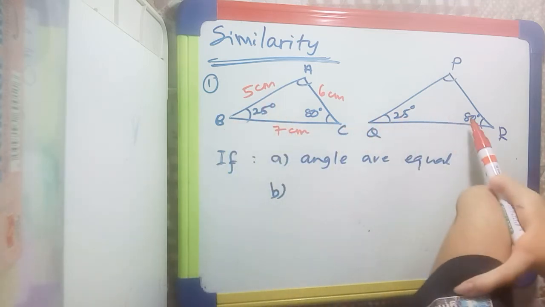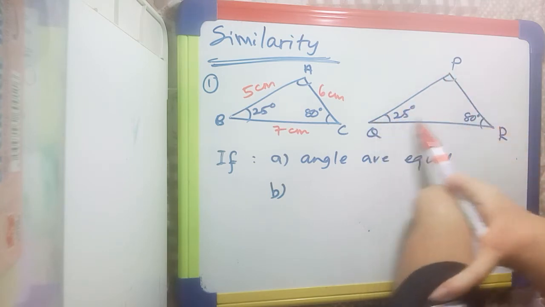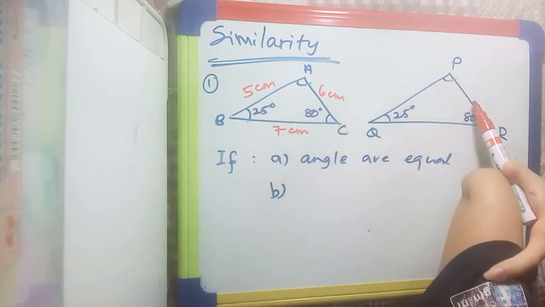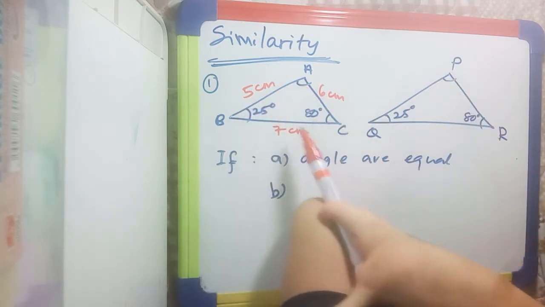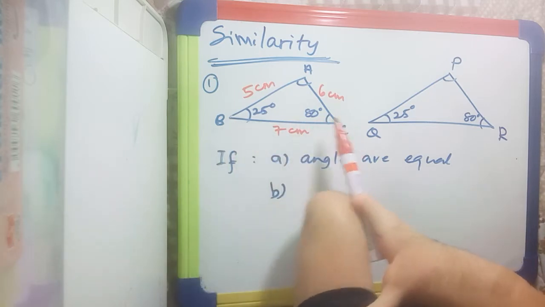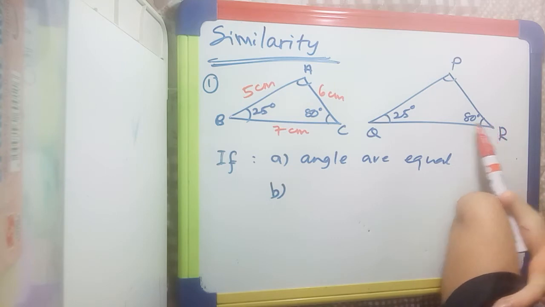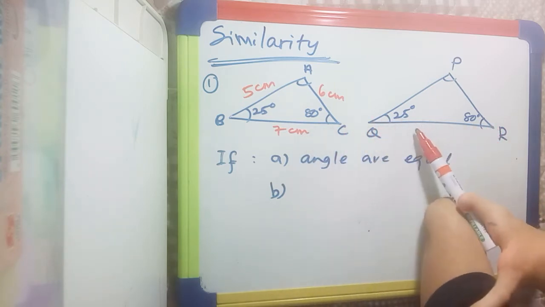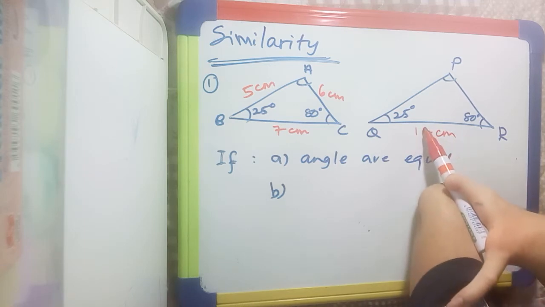The large triangle over here, the big triangle PQR, if I want to enlarge ABC to twice the size of ABC, the length of BC is 7. What will happen to the length of QR if I want to make it twice bigger? Just multiply by 2. So over here will become 14 cm.